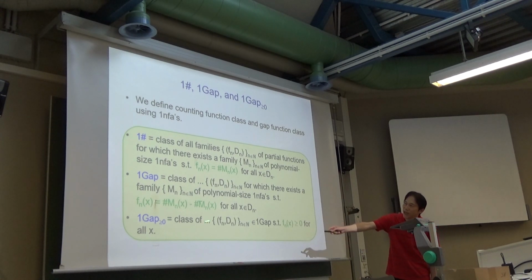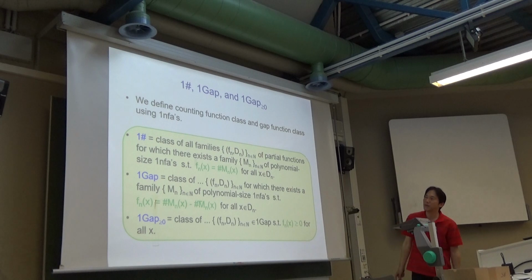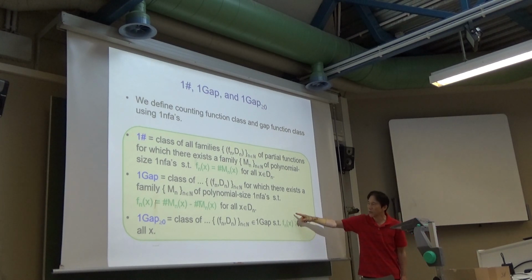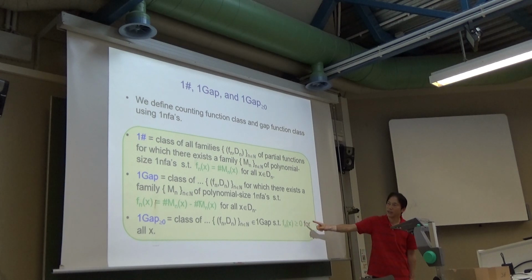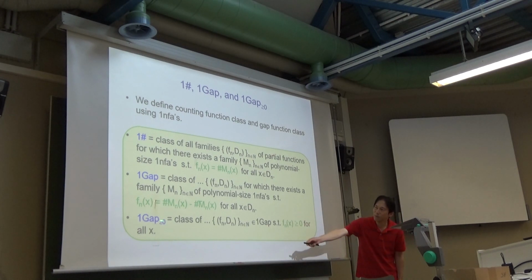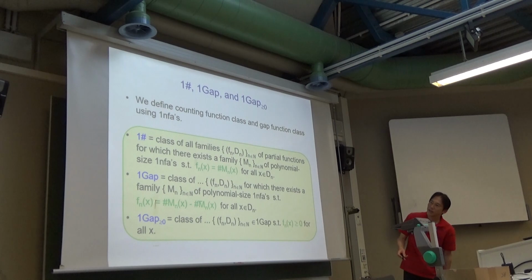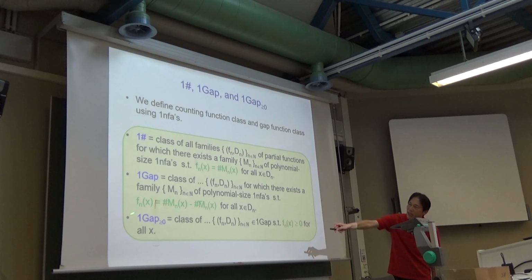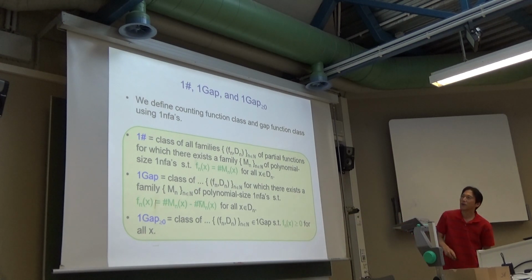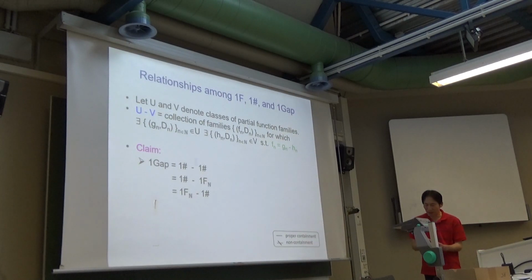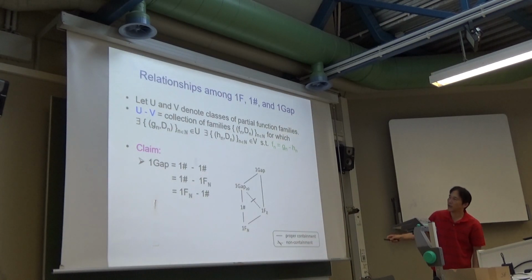The gap case is taking the difference between the number of accepted paths and the number of rejected paths. If you restrict the outcome of the function not to be negative, then I put this subscript, so this is a subclass of this one. So the situation is something like this: we have some clear separation between all the complexity classes we just discussed.